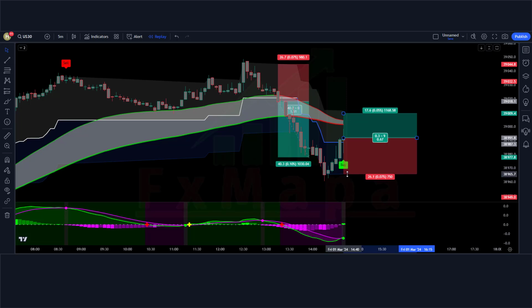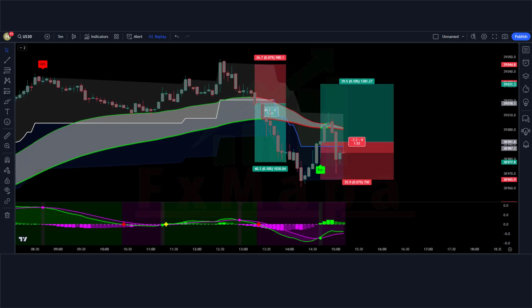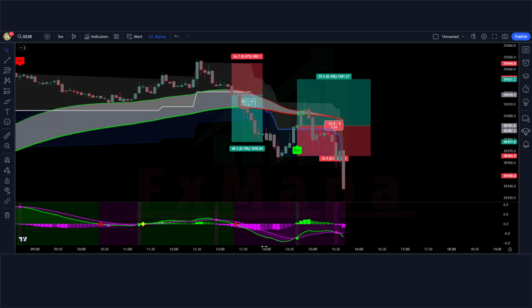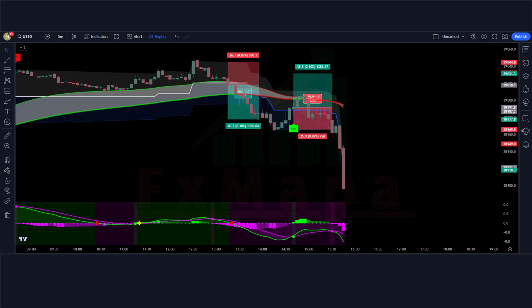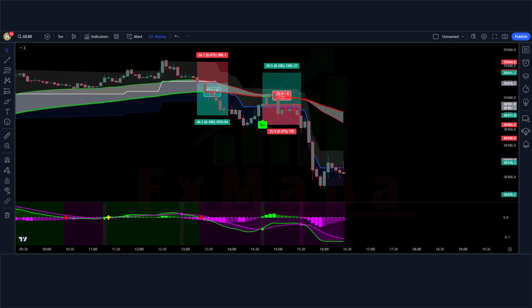And the risk to reward ratio will be 1:1.5. Let's see what happens to our trade. Our trade is running in profit. We have lost this trade. Never mind, sometimes it happens in the market. We must remember one thing, that no strategy works 100% in the market. Wait for the next signal.